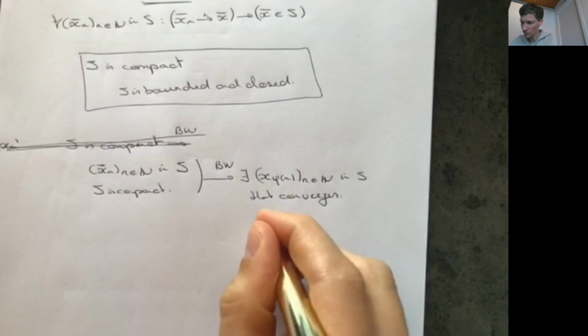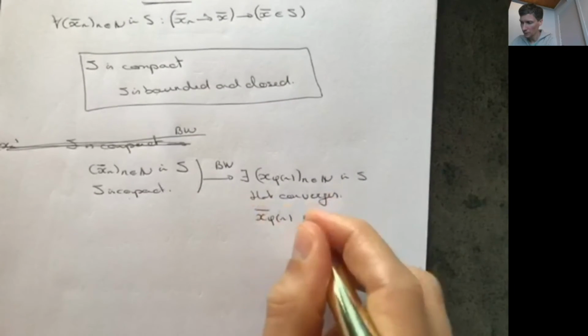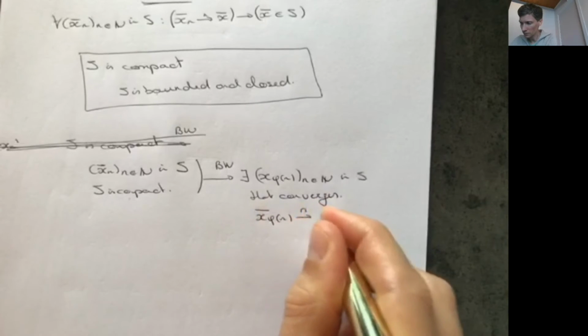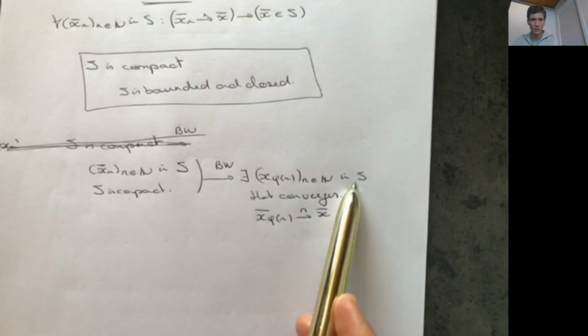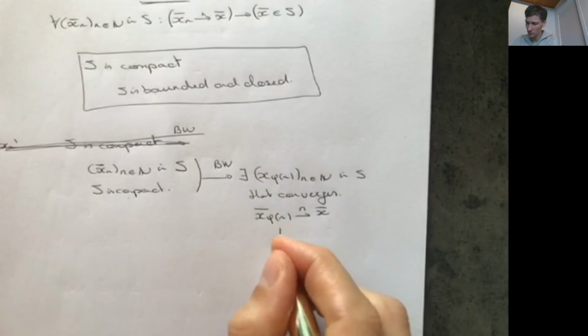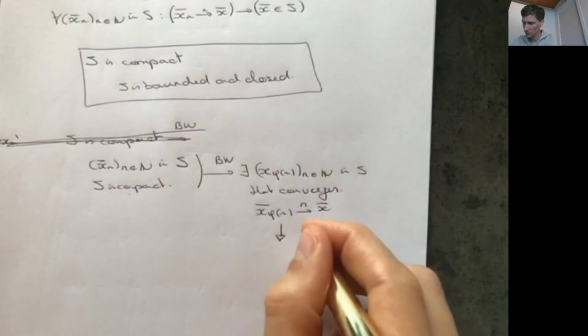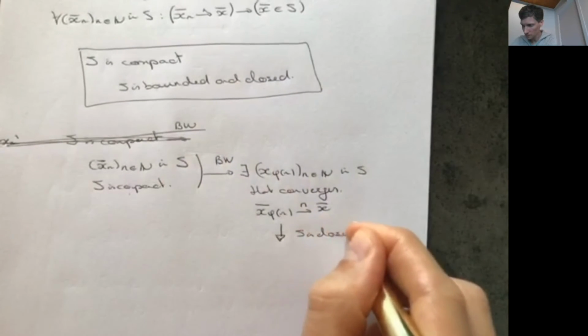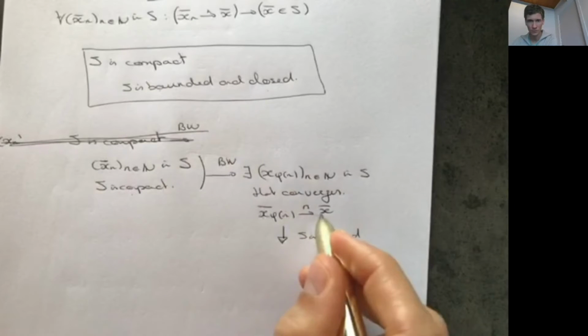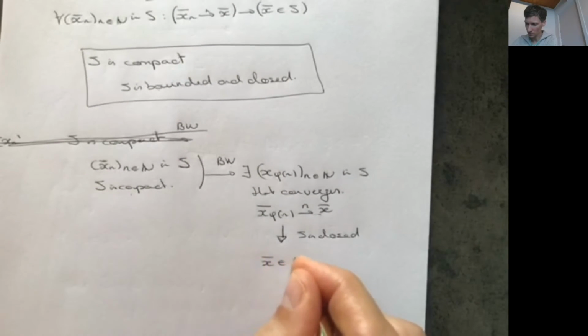In particular, we can, for example, assume that x phi n converges to x. Now the subsequence is also in S, so by closedness of the set, we have that the limit of this sequence, x, is also in S.